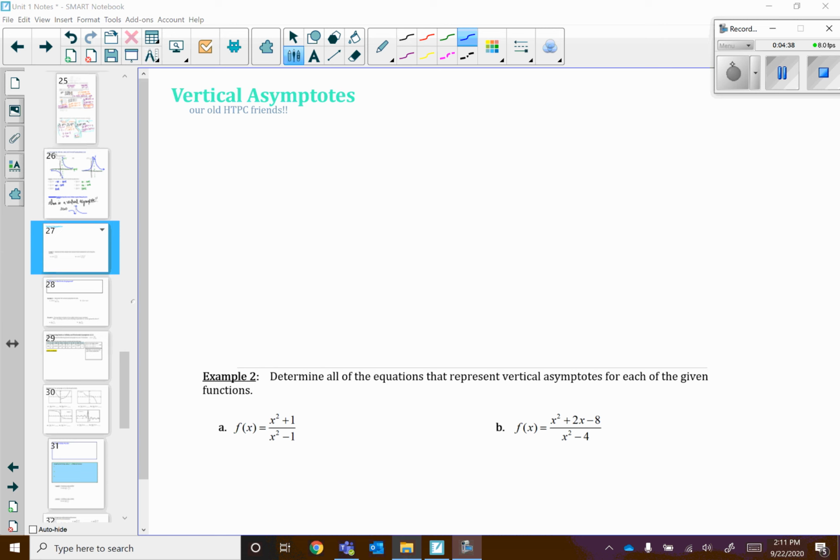So vertical asymptotes. These are our good old friends from Honors Trig Pre-Calc. Technically, we have a definition of vertical asymptotes that is very calculus.